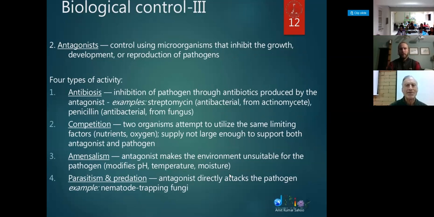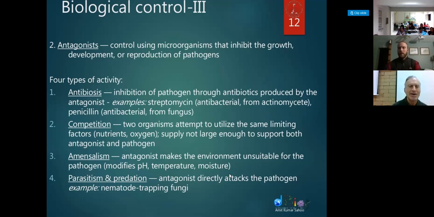Antagonist control uses microorganisms that inhibit the growth, development, or reproduction of the pathogen. There are four types of antagonists. First, antibiosis: inhibition of the pathogen through antibiotics produced by the antagonist. For example, some fungi or other organisms produce antibiotics that kill bacteria.